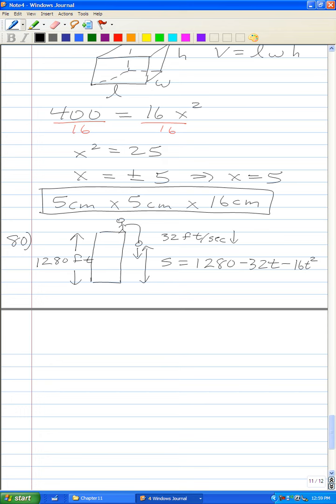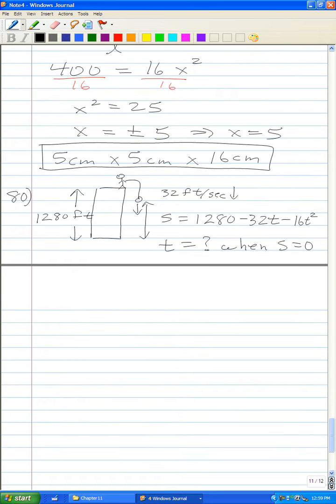And so, since the distance above the ground is measured by s, then I want to figure out what t is when the distance above the ground is 0. So let me do that. And so I want to figure out 1280 minus 32t minus 16t squared.